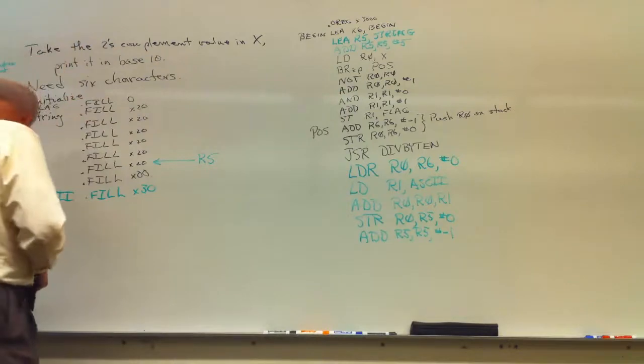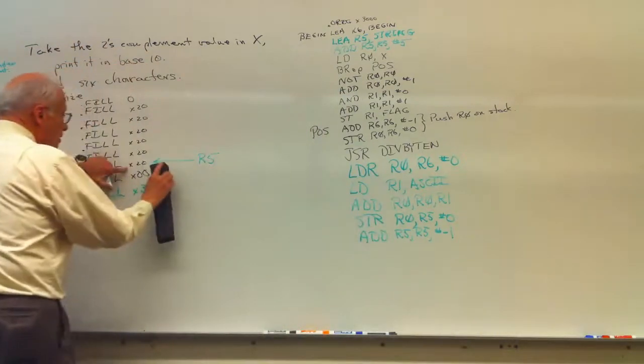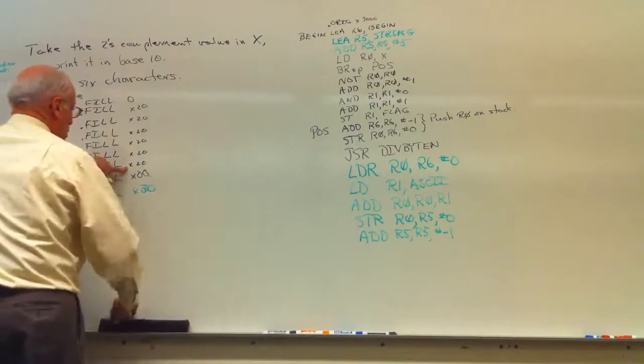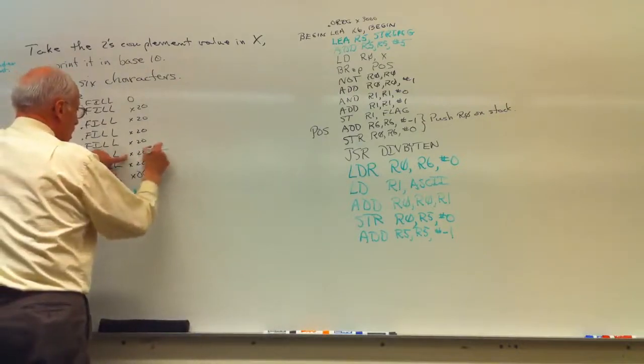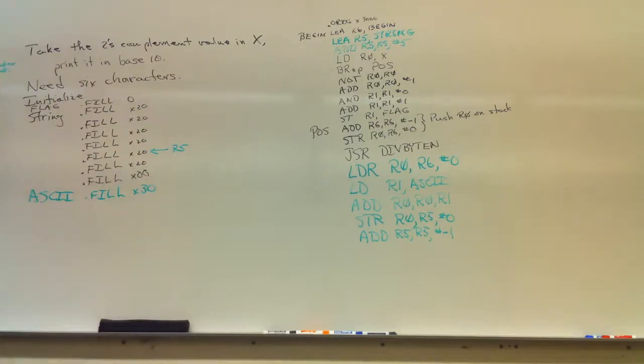I want to back that register up, because I've already got the last character here, so now I want to be sure the next time I am here, and just build that string from the end back up toward the beginning.